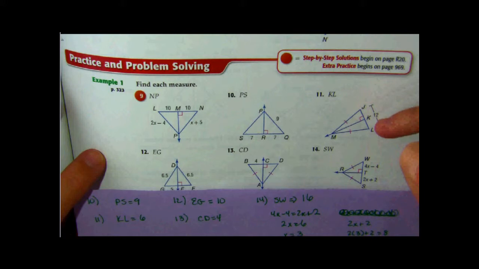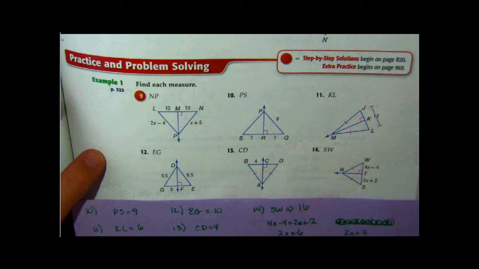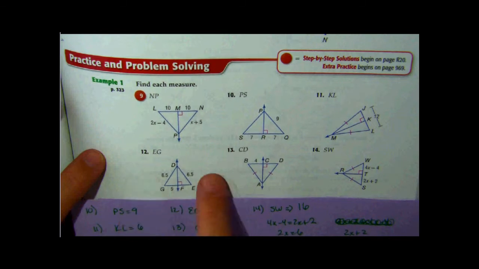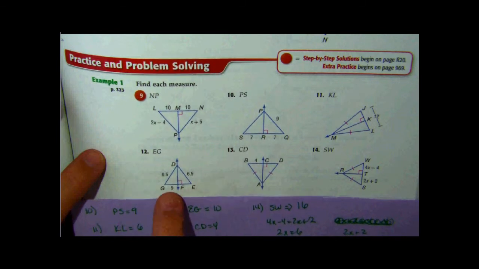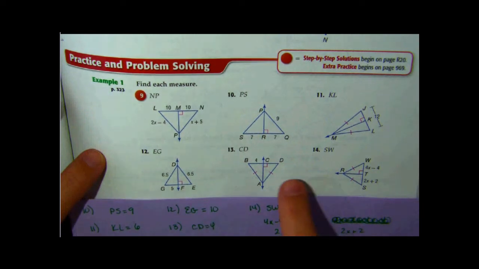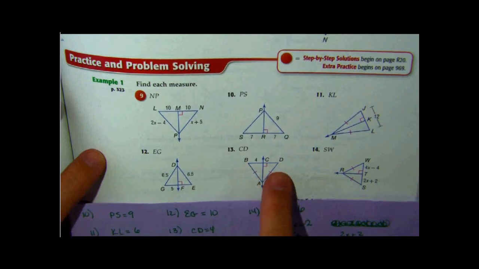So that's where that one came from. Over here, they wanted EG, which is the whole thing. But because this and this match, that means this one and this one match, so that's 5 and that's 5. So it's 10, because it's the whole thing. And then here, this one was 4, so that one's 4, because these match.